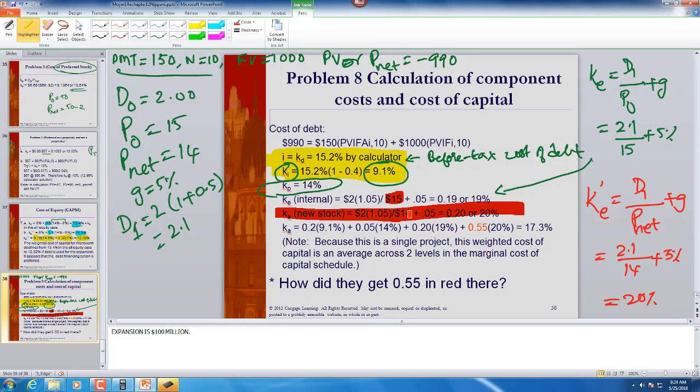Now, let's take a look at this. They have given us their target capital structure: debt 20%, preferred 5%, common equity 75%. For one thing, the weight of debt has been given to us.